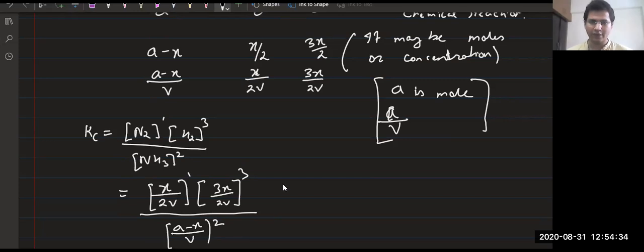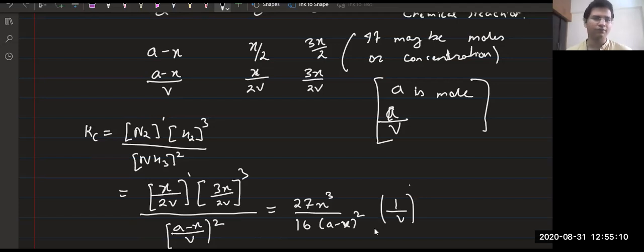So let's simplify this. After simplifying, we will get 27x cube by 2 into 8, 16, 16 into A minus X whole square. Now the volume term: in the numerator we have 1 by V to the power 4, in the denominator 1 by V square. So we have 1 by V to the power 4 minus 2.